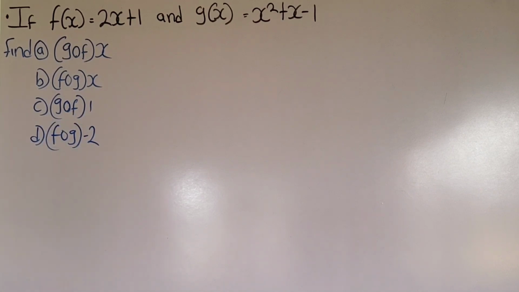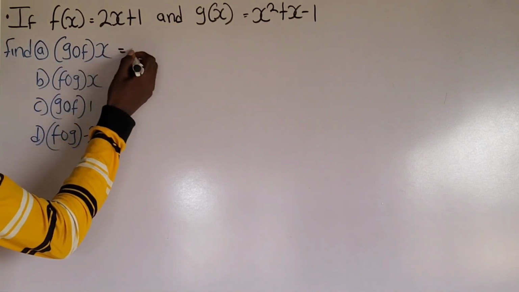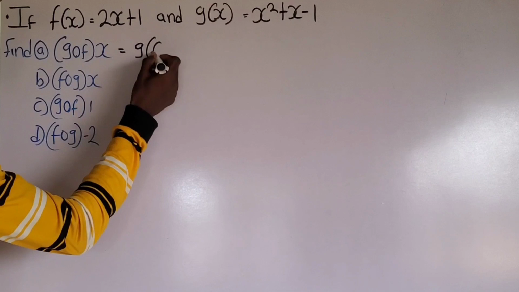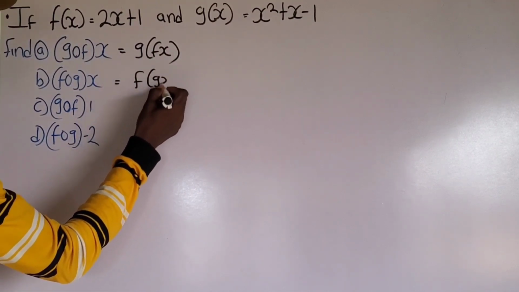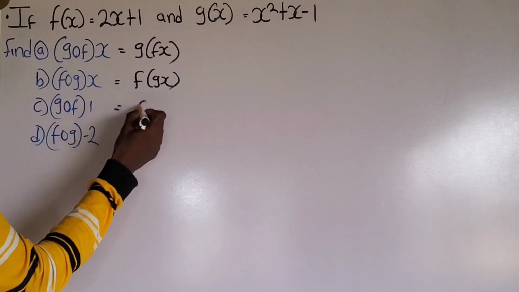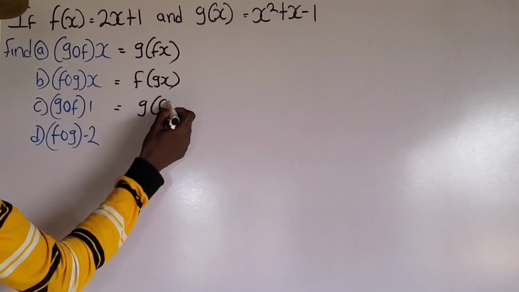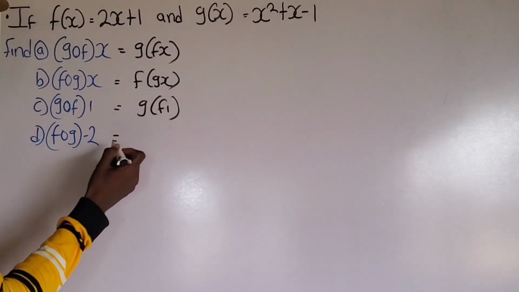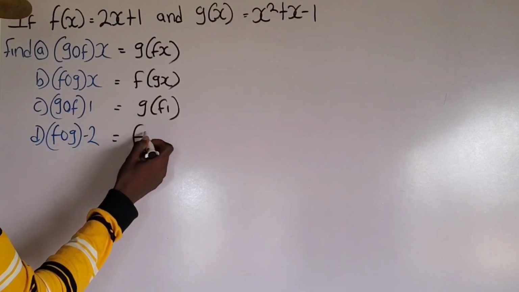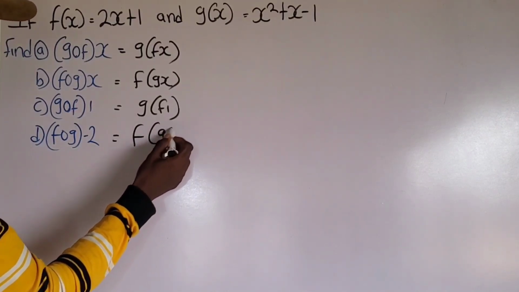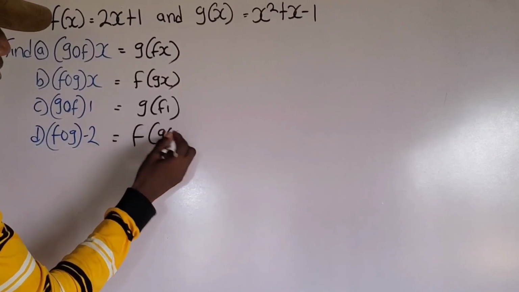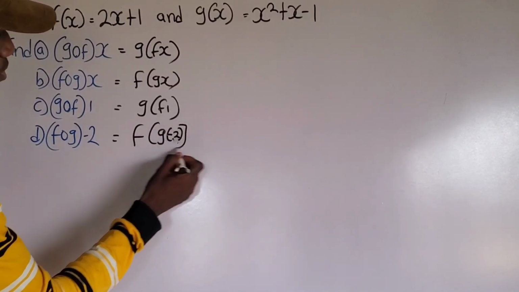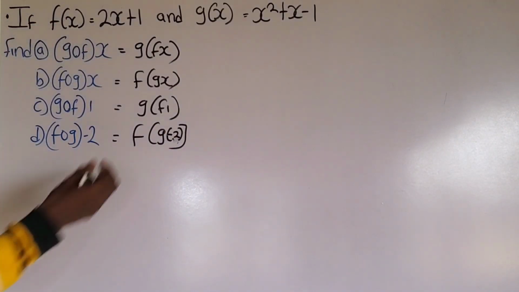Now you see the way this function is written, I can rewrite this as g of f of x, and this as f of g of x, and this as g of f of 1, then this as f of g of minus 2. You understand? Okay.